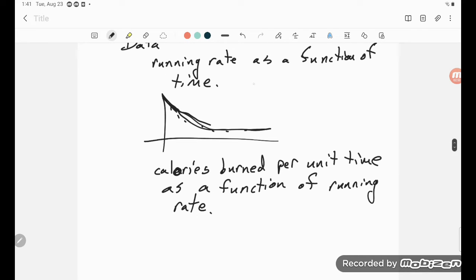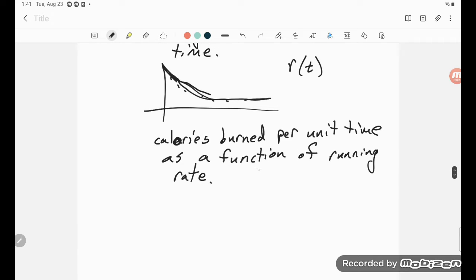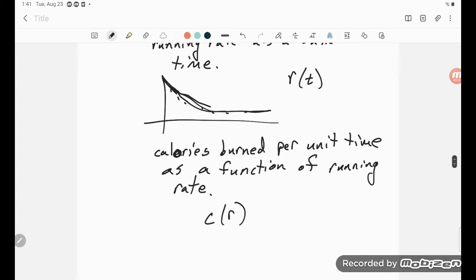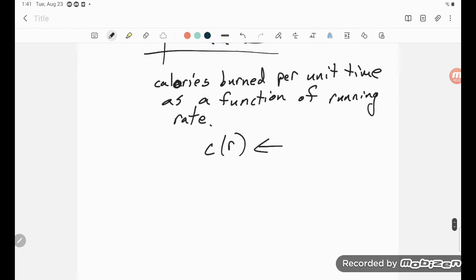So if we come up here and we say, like running rate, so R is a function of T, something like that. Now here, this was like calories burned, so, C is a function of R. And again, I had some sort of data, and I used least squares to come up with this function.